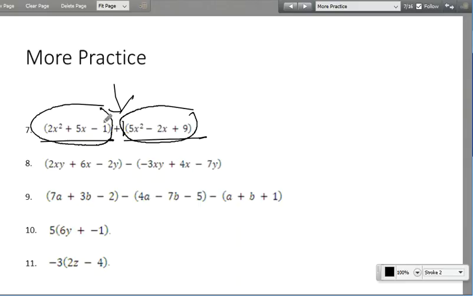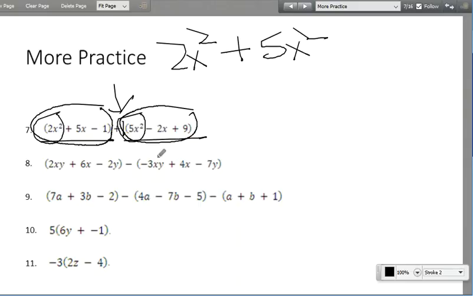Okay, so we would have 2x squared plus 5x squared, right? Those are like terms. 2x squared and 5x squared, those are like terms. That would be 7x squared.